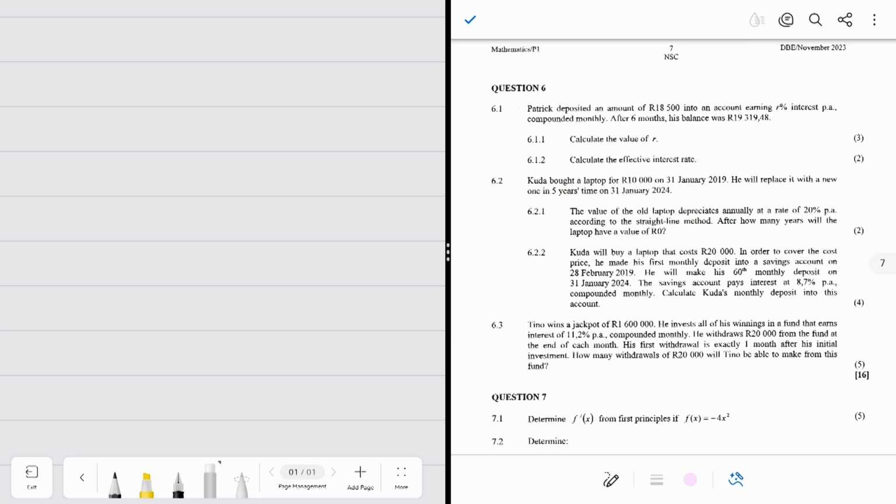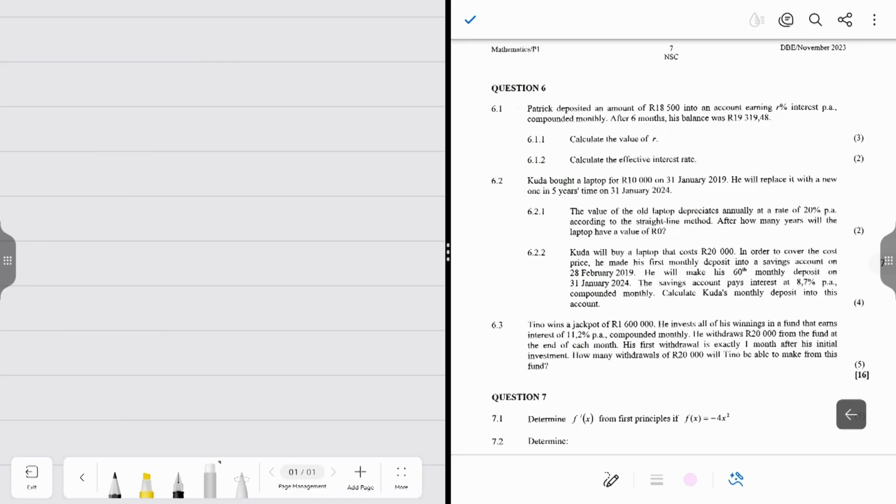Patrick deposited an amount of 18,500 into an account earning R% interest per annum compounded monthly. All right, so let's just highlight the important things over here.